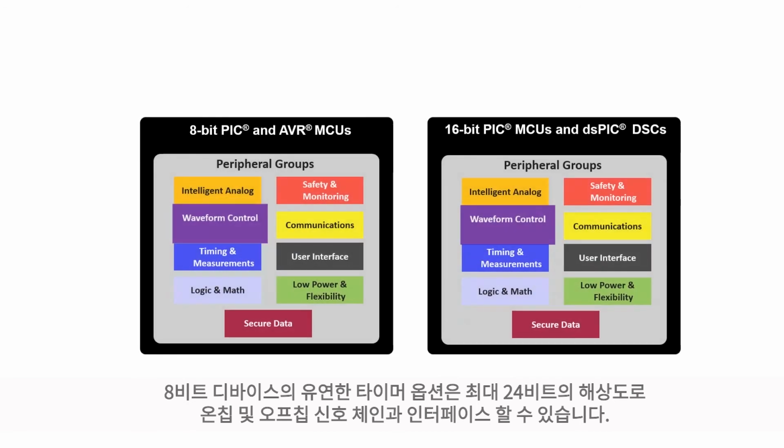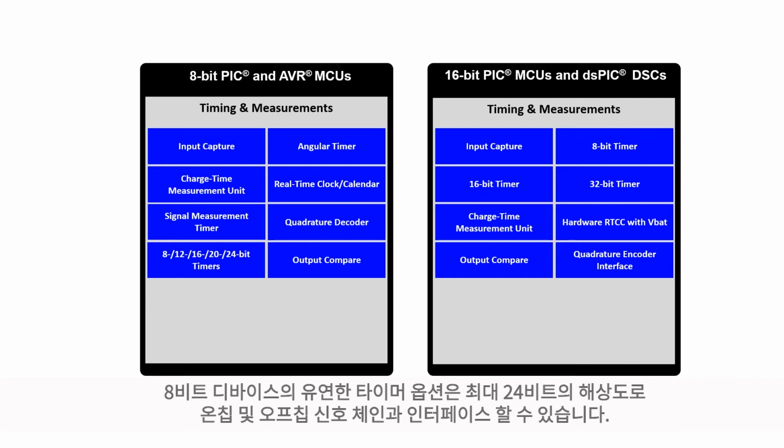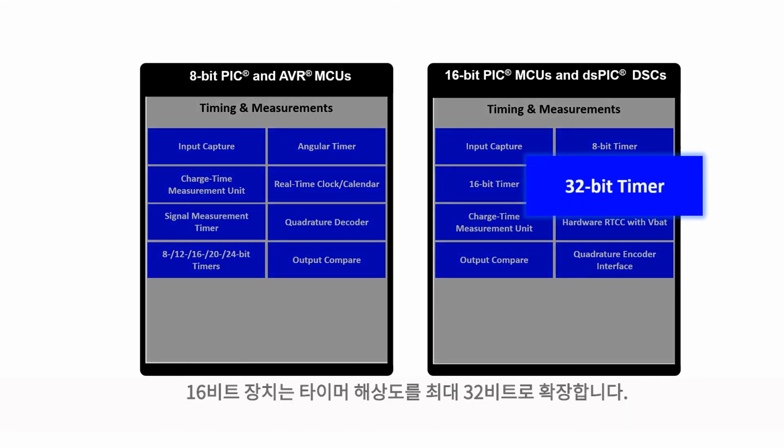Flexible timer options on 8-bit devices can interface with both on- and off-chip signal chains with resolutions up to 24 bits. 16-bit devices extend timer resolutions up to 32 bits.